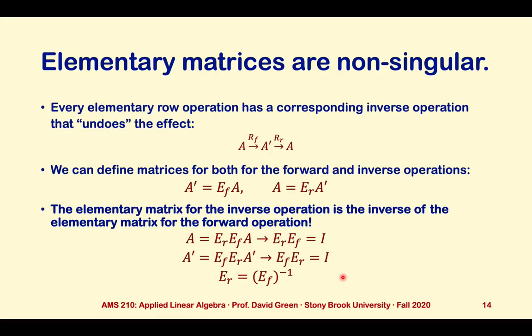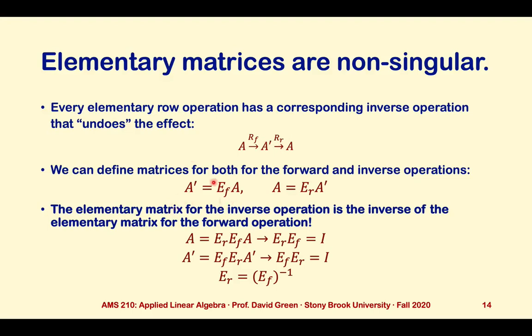What this leads to is a very important realization that elementary matrices, the matrices that describe the elementary row operations, must be non-singular. If every row operation has an inverse operation that can undo the effect, we can go from A to A prime with some forward row operation, and from A prime back to A by some reverse operation. Well, there must be elementary matrices that describe each of those processes.